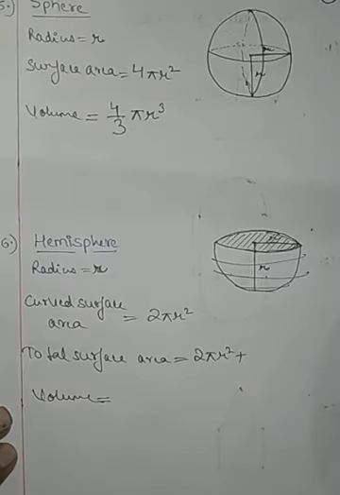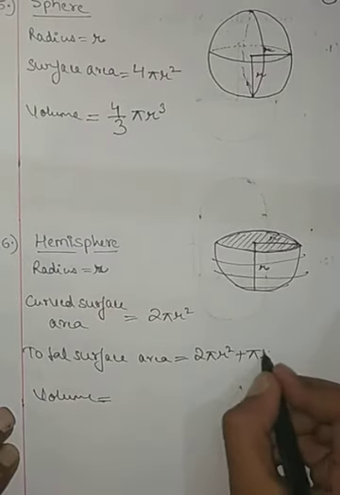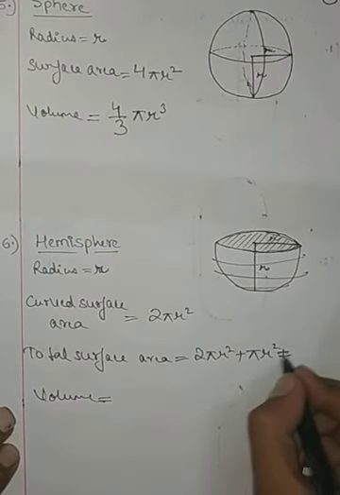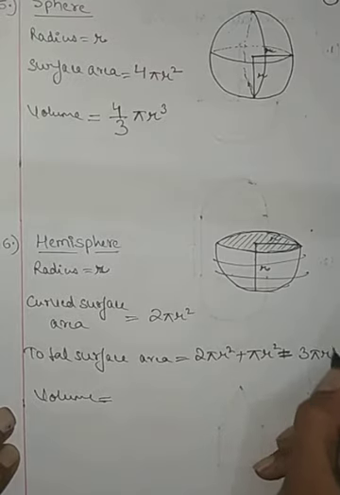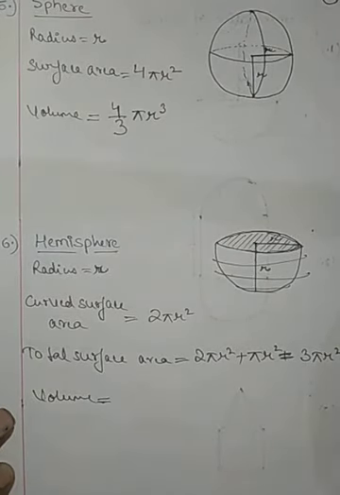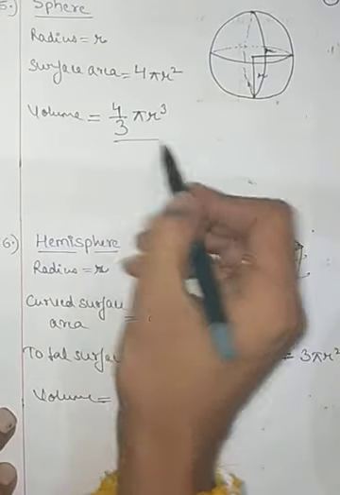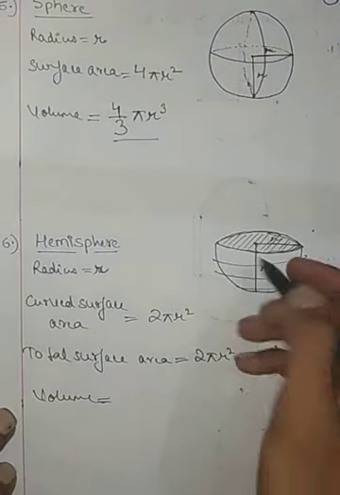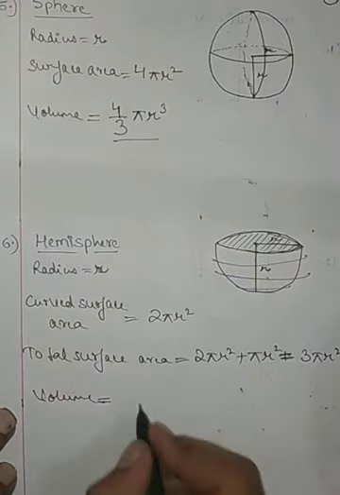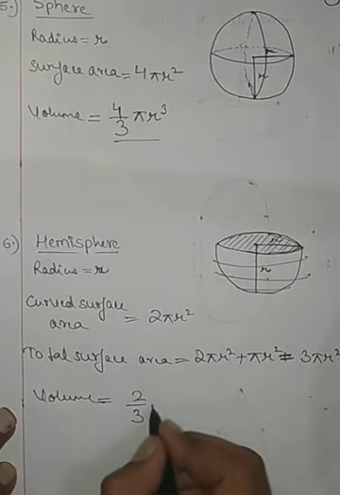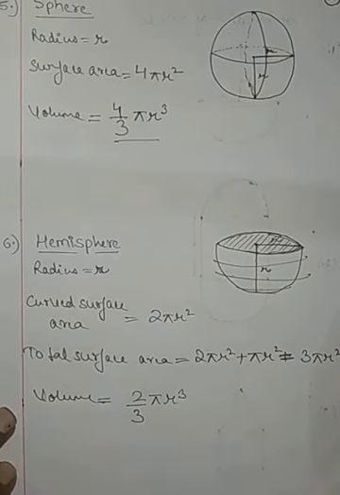What is the shape of this surface? Circle. So the area of circle will be added and it will become 3 pi r square. Volume: a complete sphere volume is 4 upon 3 pi r cube, and the volume of half sphere will be half of this, 2 upon 3 pi r cube.